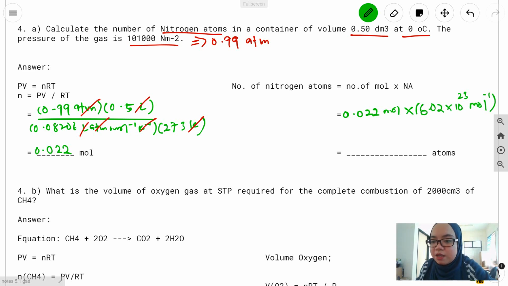So we got 2.65 times 10 to the power of 22 nitrogen atoms. So this is the answer for question 4A.